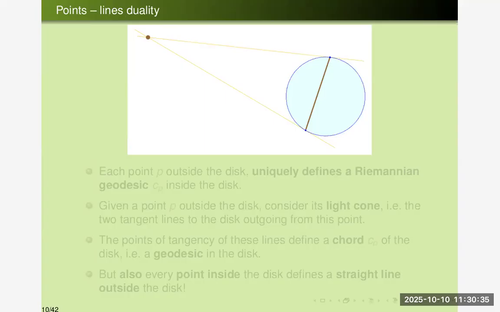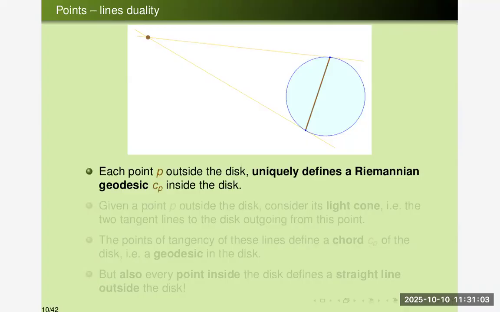I claim that every point outside defines a straight line inside. To every point here there corresponds a geodesic in the Beltrami space. This is de Sitter, this is Beltrami. Every point here defines a chord by this simple geometry. So to every point there exists a line inside.